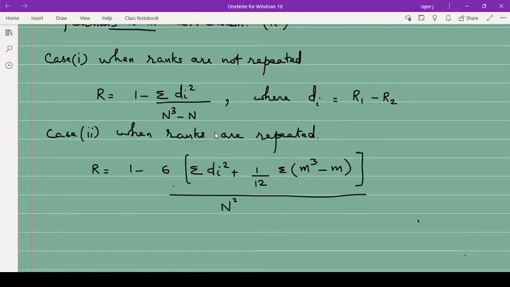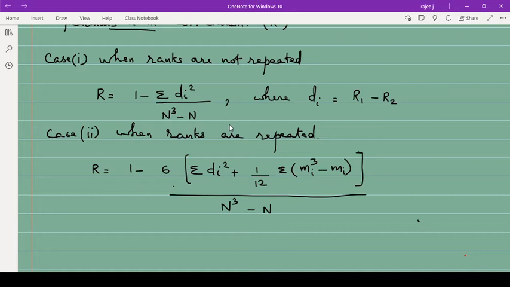So the only difference is this one, m cube minus m. This is the number of times a rank is repeated, for x or y. If I write mi cube minus mi, this is also okay.